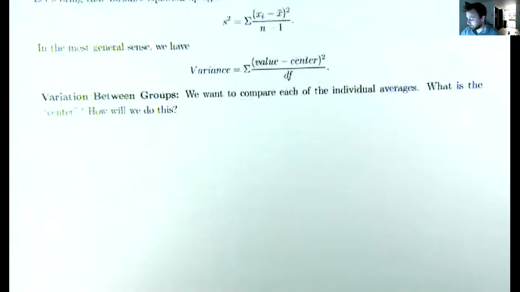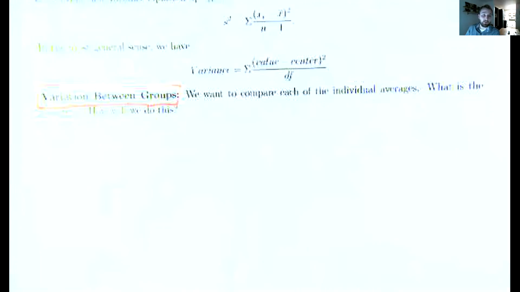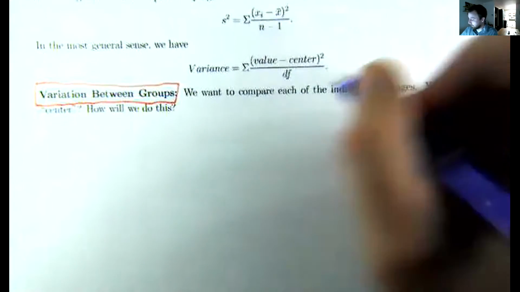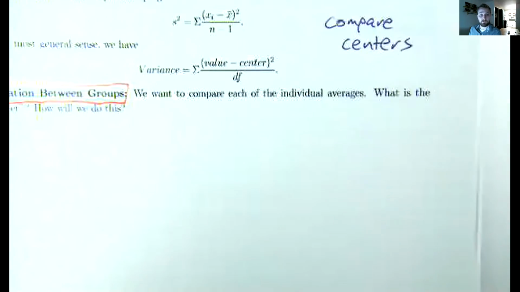So first type of spread that I'm going to be analyzing here with you, variation between groups. I'm just going to write myself a note here. This is going to compare the centers of the boxes. I'm just giving you a sneak preview before we actually get into the pages.